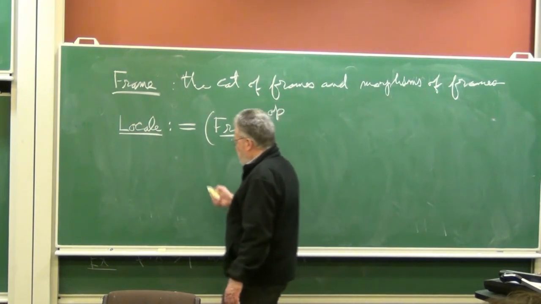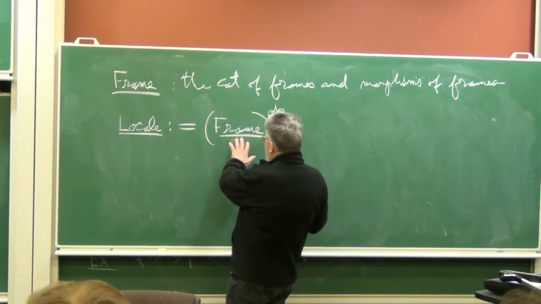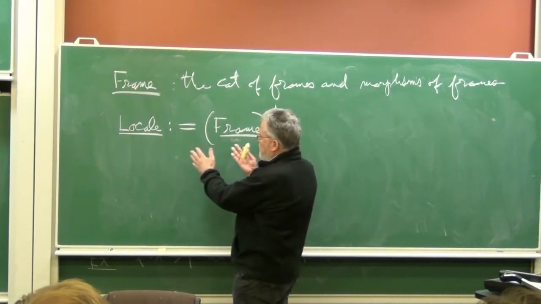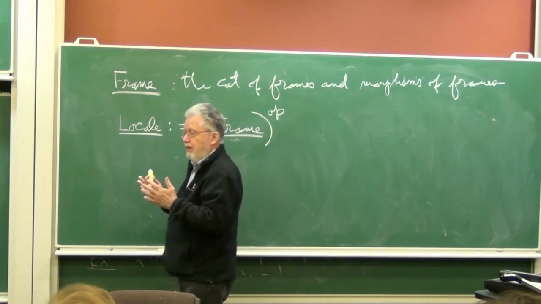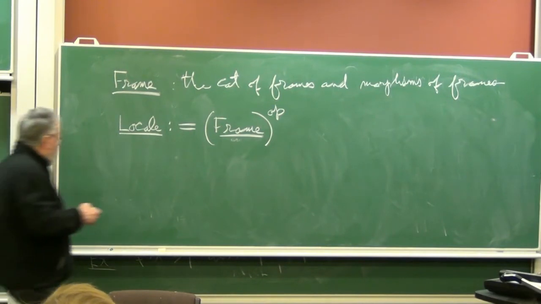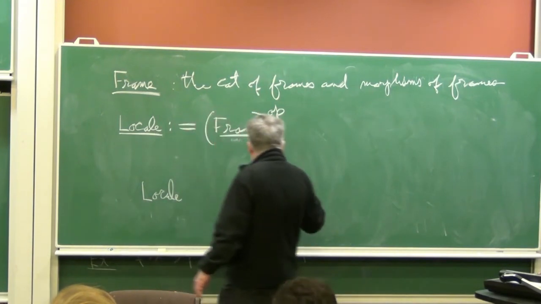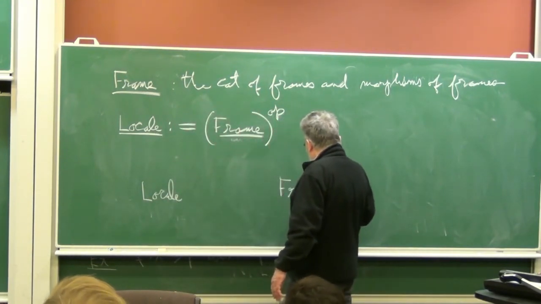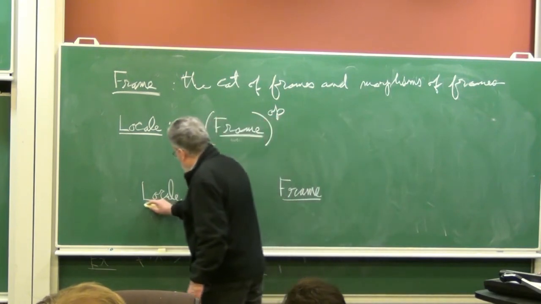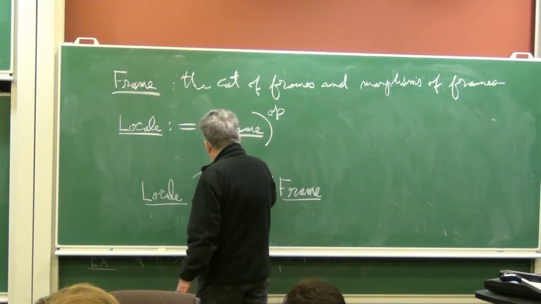So what does it mean? It means that we formally revert the arrows of the category of frames, and the new objects are called locales. So a locale is just a frame viewed in the opposite category of the category of frames. So there are two categories: locales and frames. There are two categories, and there is a duality between the two.